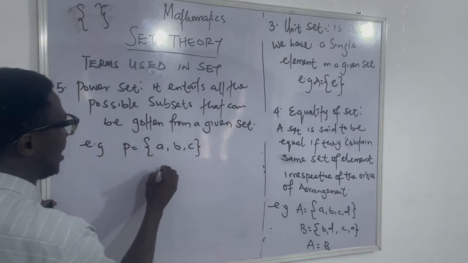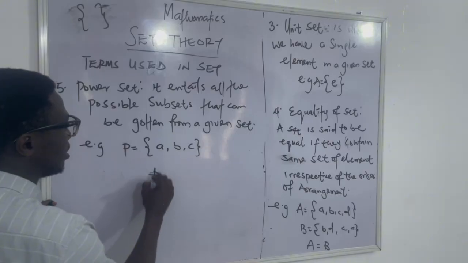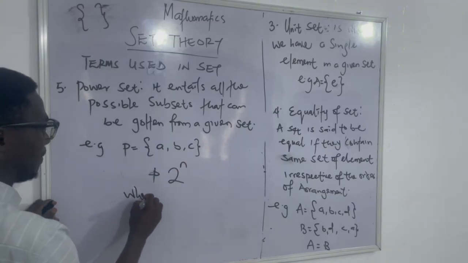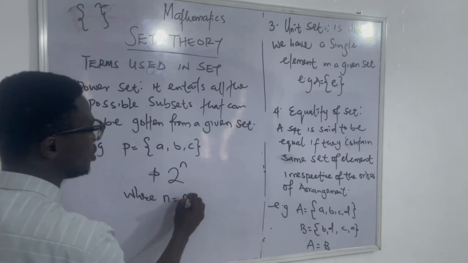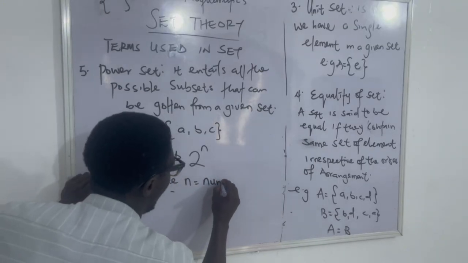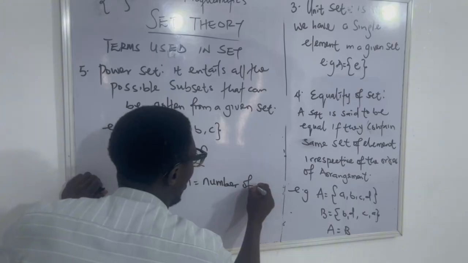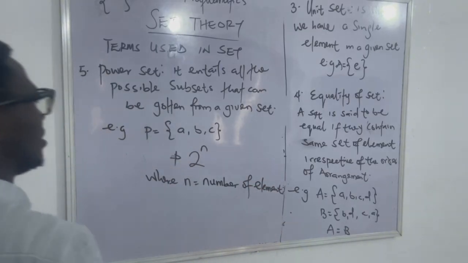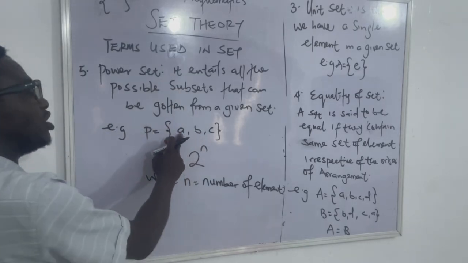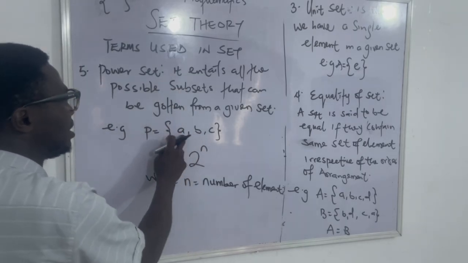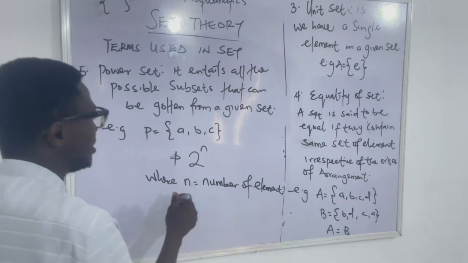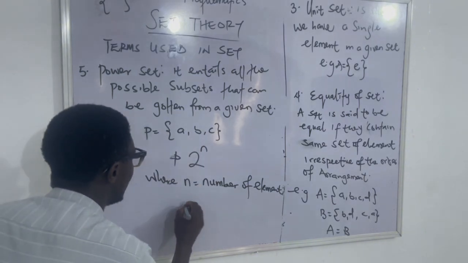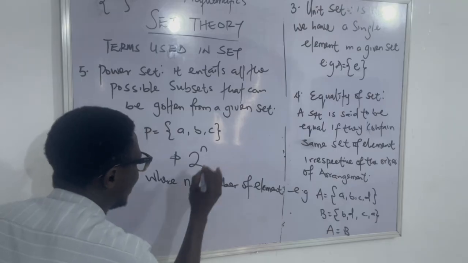To find the power, the formula is 2 raised to power n, where n is the number of elements in a given set. So how many elements do we have here in set P? 1, 2, 3. The number of elements here is 3.